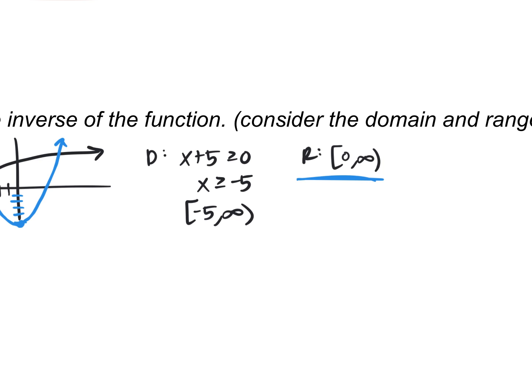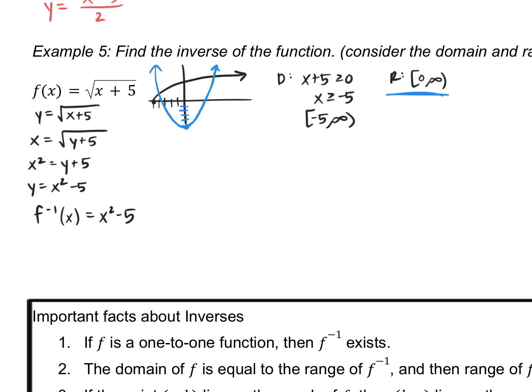The range now becomes your domain for your inverse function. So my domain is now 0 to infinity, and my range is now negative 5 to infinity.